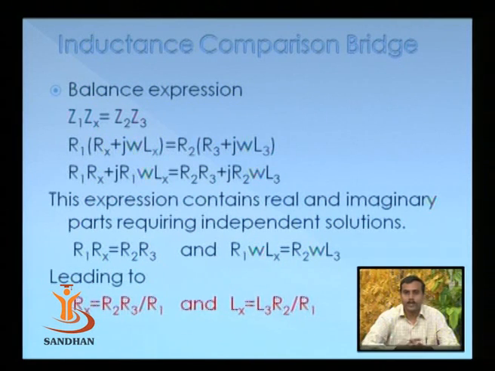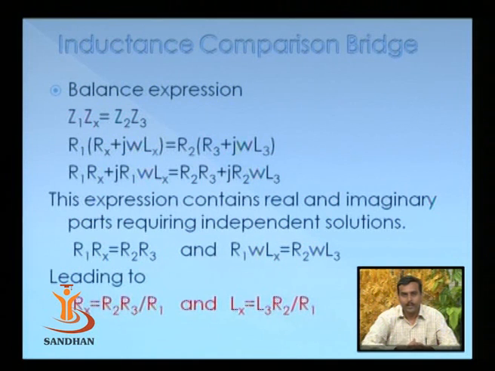So this again contains the similar two parts, real part as well as imaginary part. From the real part we extract the value of resistance, which we call the internal resistance or wire resistance of the inductor, while from the imaginary part we extract the inductance value.